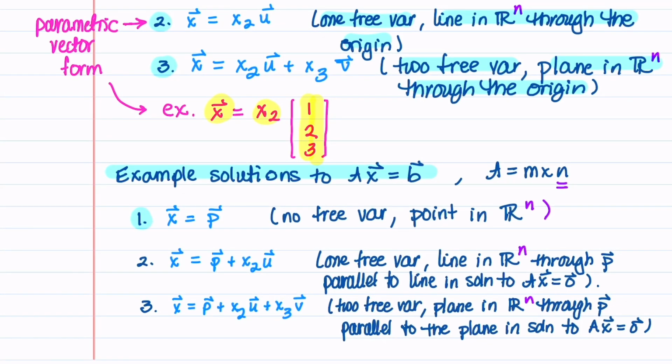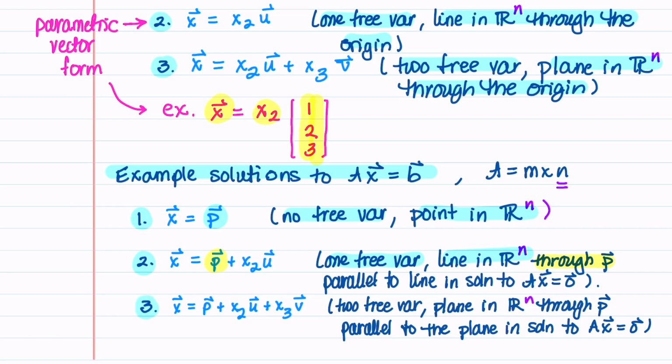The first one, x is equal to a vector p that is not equal to 0. This happens when there are no free variables and our solution is a point in Rn. The second type of solution you can have is when you have one free variable and your solution will be a line in Rn through point p, parallel to the line in the solution to Ax = 0.